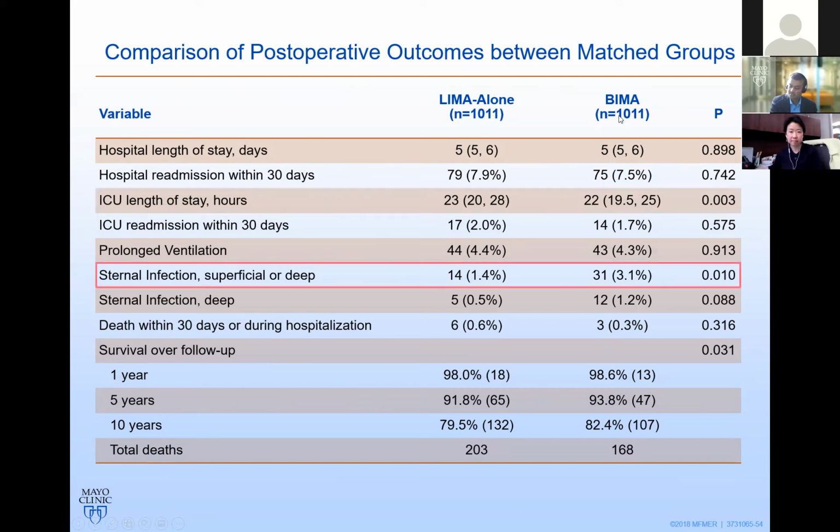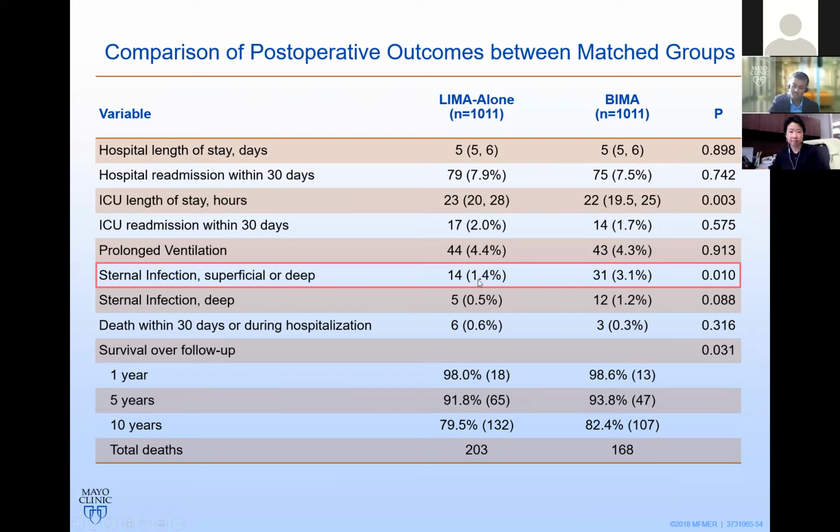One of the concerning features was the infection. When we operate, we go through the chest, the incision on the chest, whether there's any infection after the surgery. And we found that the risk in the bilateral internal mammary artery group was almost twice. The incidence was twice as high in the bilateral internal mammary artery group compared to the left.